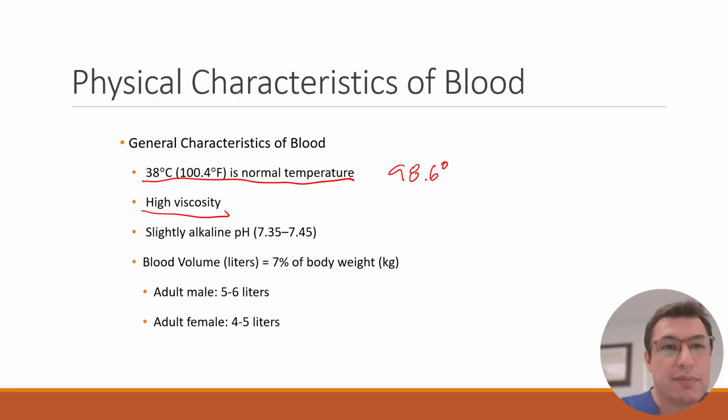High viscosity. This is a key concept that you should remember. Viscosity stands for resistance against flow. Now, if you were to picture water and honey, honey is more viscous than water because when you let them move down a slide, honey will take longer to get to the bottom. Water will get there much faster.